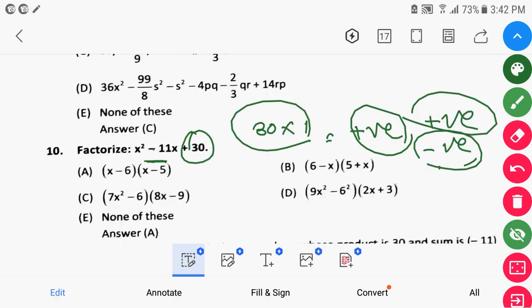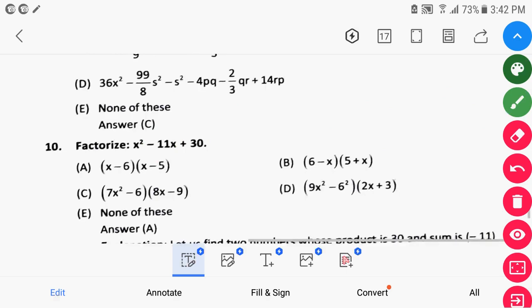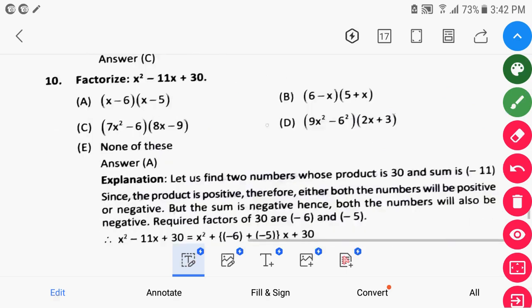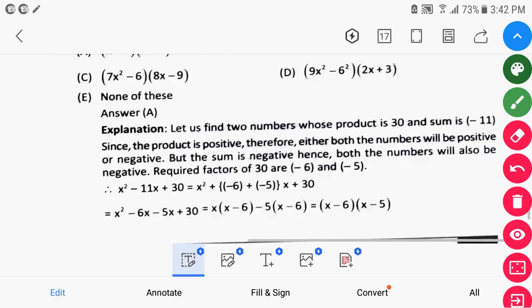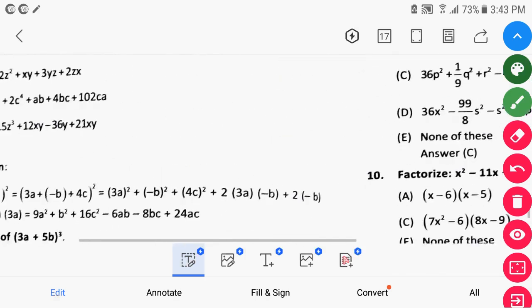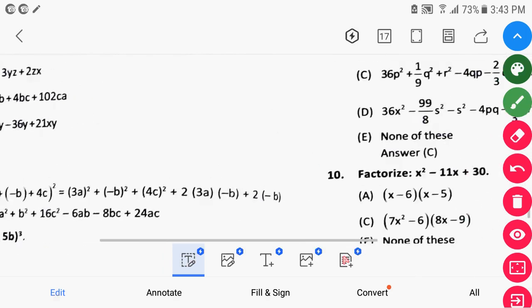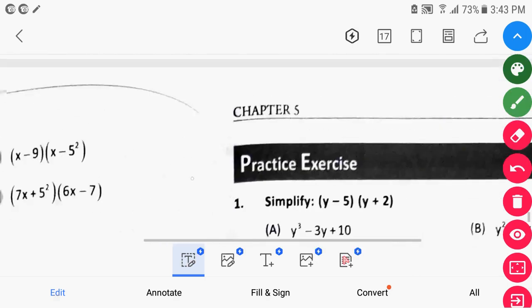Because this coefficient of x is negative. So both the factors are negative. So A is the correct answer. Now we had seen the solved examples.